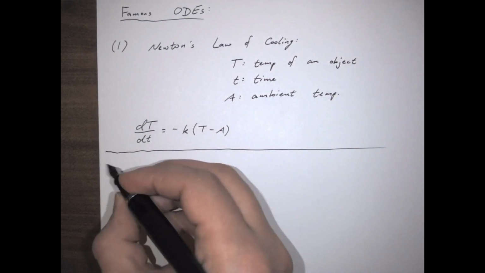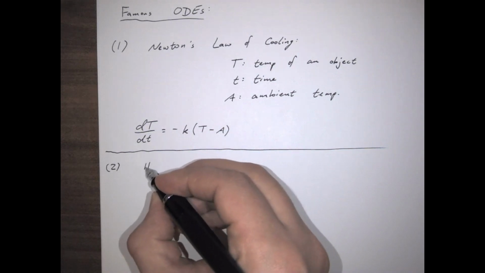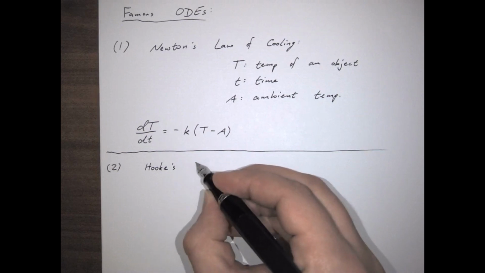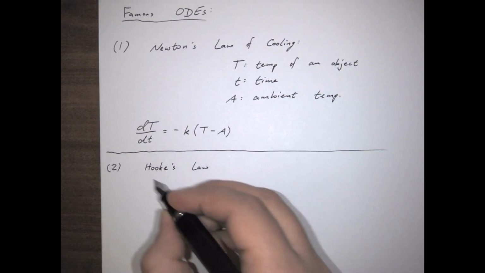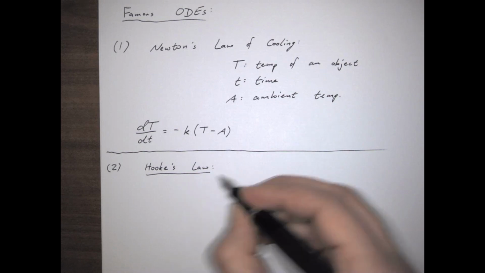All right, let's go with another thing from around the same era, Hooke's law. So we have an object, we have a mass on a spring.